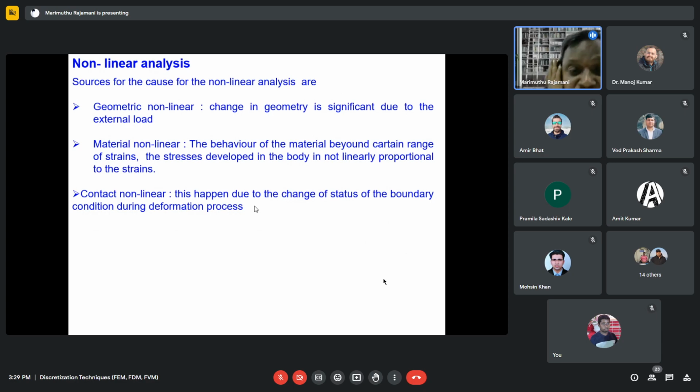Actually, when one has to go for nonlinear analysis, the basic question anybody would like to know is this. Whatever we are studying in small strain, small displacement or infinitesimal theory, the configuration we consider for the study before and after loading is practically the same.